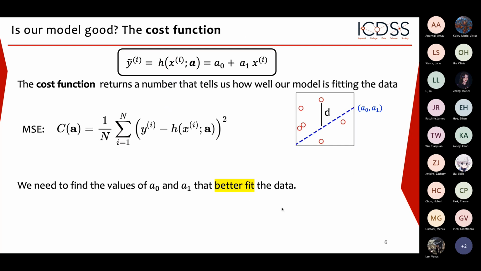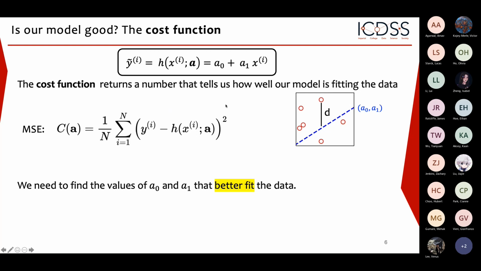So here is how we are going to build our cost function. For each of the data points, the red dots, we're going to take the distance between the data and our model. Our model is defined once we have a value of a0 and a1, right? Now, what we do is take this distance and square it. So this is where the square comes in.